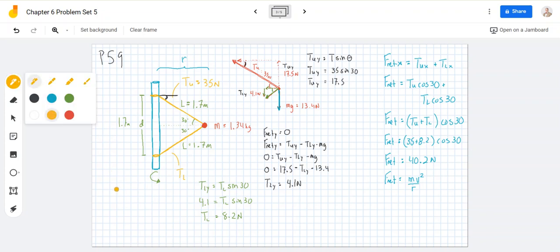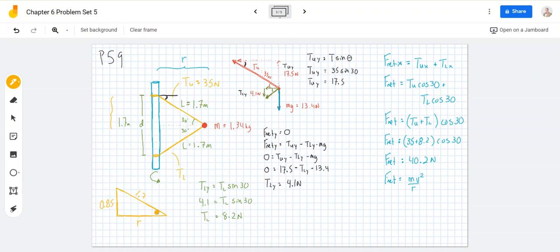So I have, so this is the 1.7. This is half of 1.7. .85, because that's this distance here. It's half. And then this is going to be your radius.